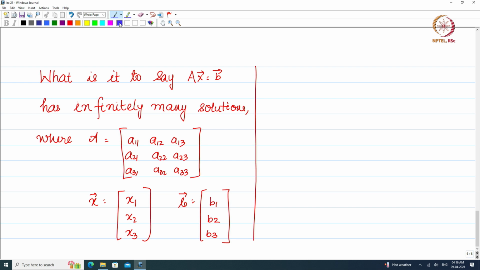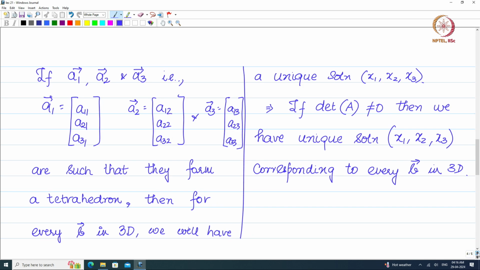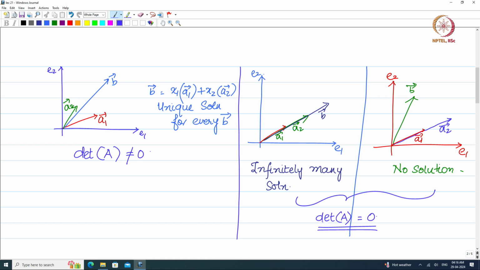So, geometrically, how does this look? The first thing that we looked at in 2D, when we had infinitely many solutions, is that since the column vectors are in the same direction, the determinant of that 2 by 2 matrix is 0. If you recall, we said that if the determinant of A is 0, that means A1 and A2 are scalar multiples of one another, and B is also in the same direction as A1, A2.